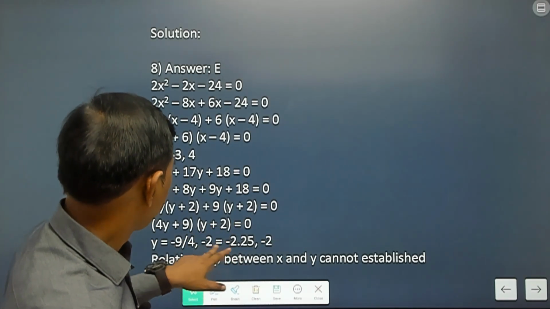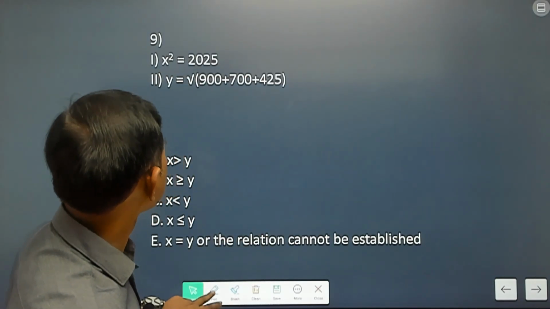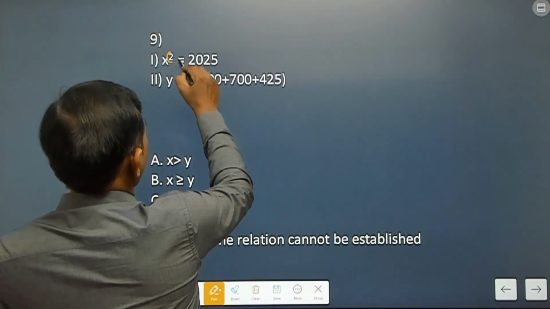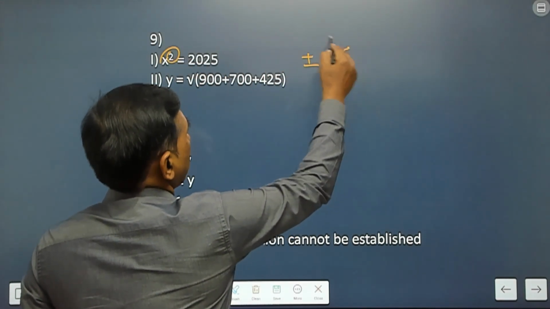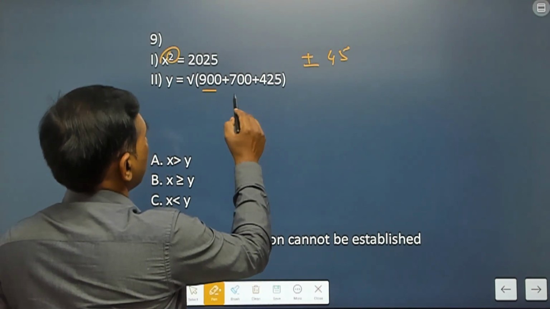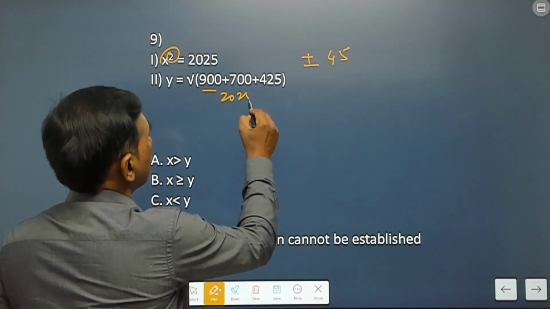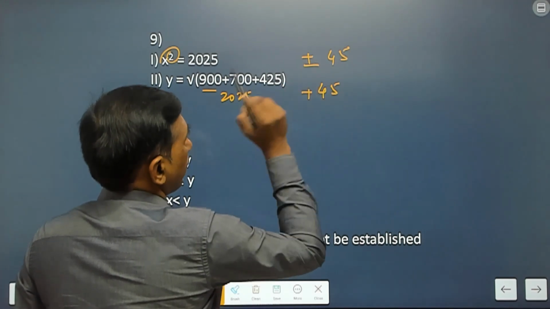Okay? Minus 2.25, minus 2, minus 3, minus 4. Since this is a square, so this has to be plus minus 45. This is 9, 16, 425. So this is 2025. So it is plus minus 45.